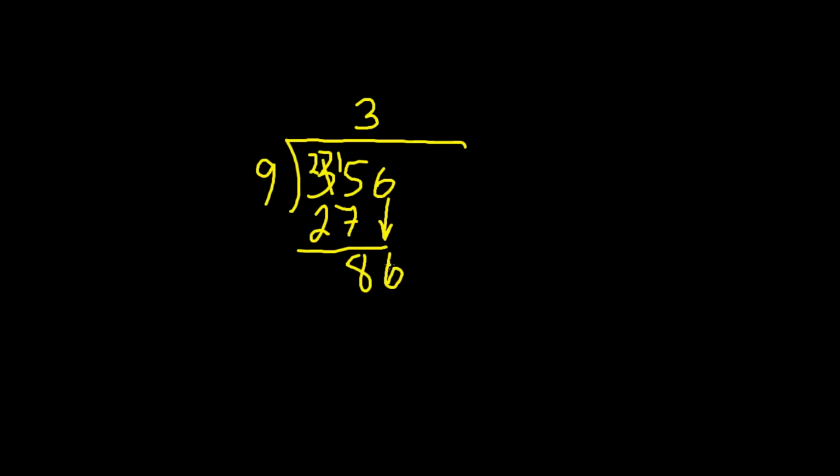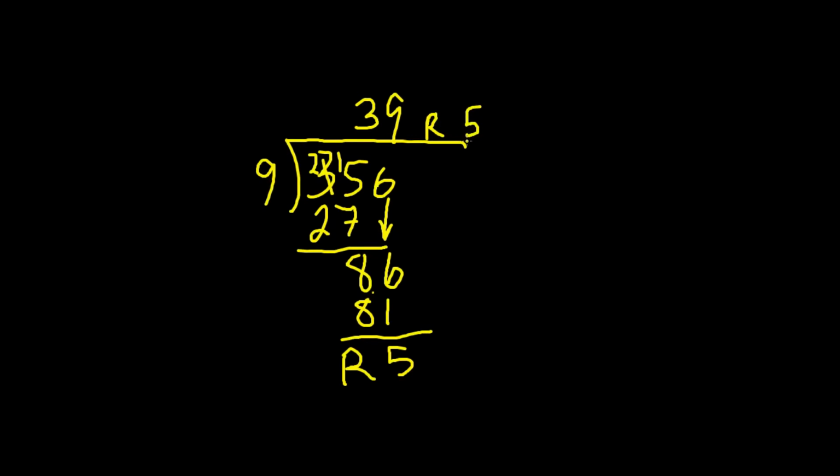Well, 9 times 9 is 81. So we'll write a 9 up there. And 81, we have a remainder of 5. So 356 divided by 9 is 39 with a remainder of 5. And you can just write that up here, remainder of 5.